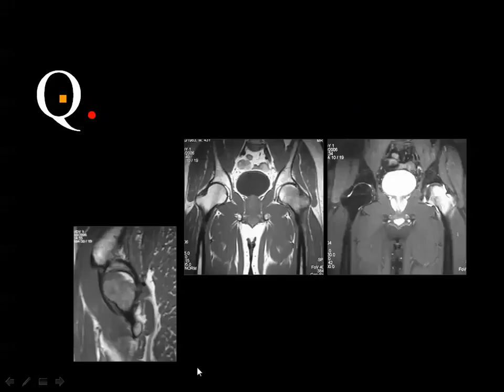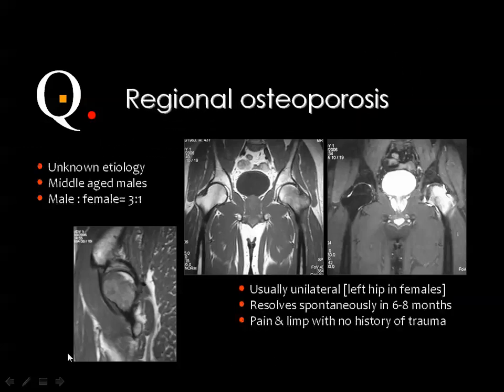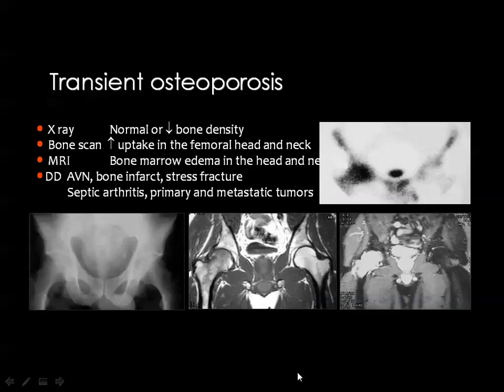MRI of the hip joints, T1 and T2. Transient osteoporosis. There is bone marrow edema of the femoral head and the neck, with the bright signal in the T2 and some joint effusion. And this is diagnostic of regional osteoporosis.